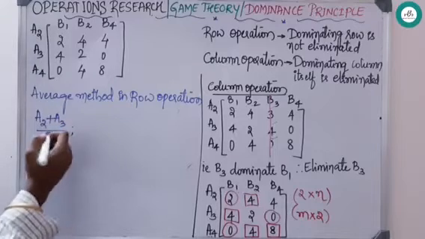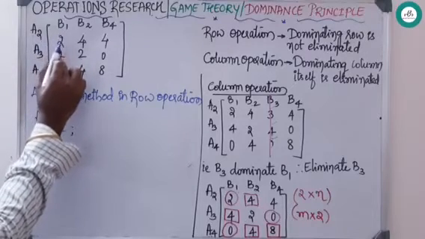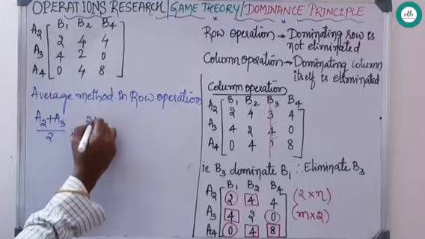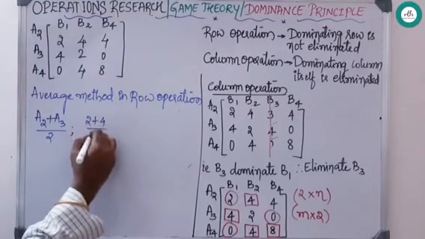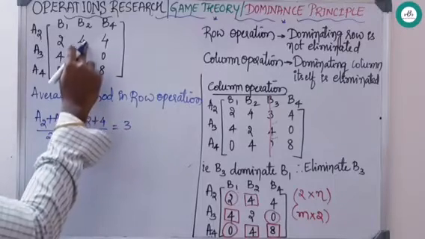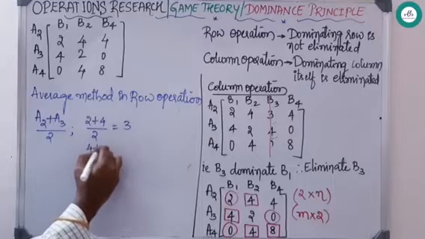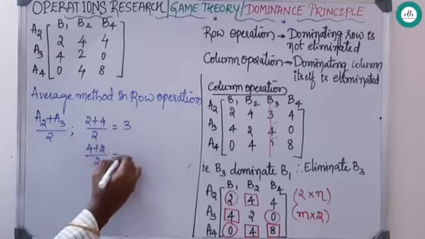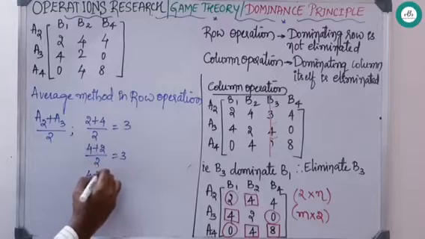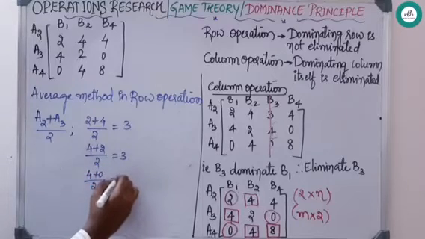Taking an average of these two elements, 2 plus 4 divided by 2 is equal to 3, and 4 plus 2 divided by 2 is again 3. 4 plus 0 divided by 2 is 2.